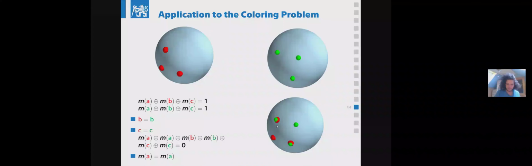So we have two vectors for which this means red A is something else than green A. Yes, this is red A and this is green A.